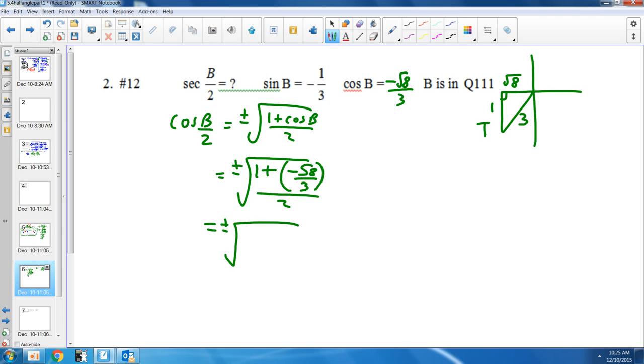I want to go ahead and clear out that 3. I multiply it through the top and the bottom by 3. So when I do that, I get 3 minus square root of 8 all over 6.